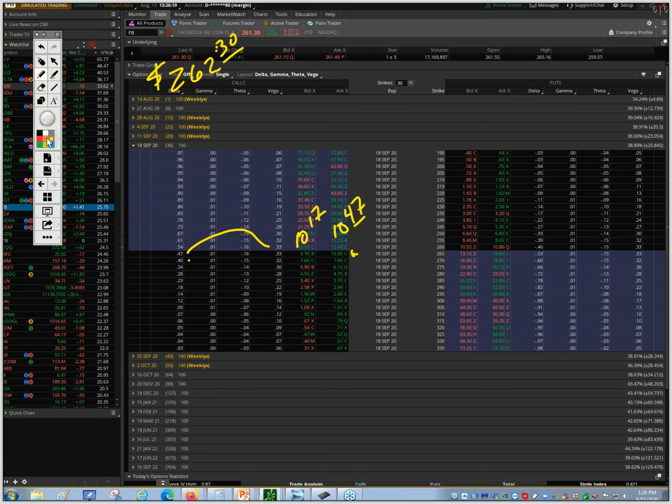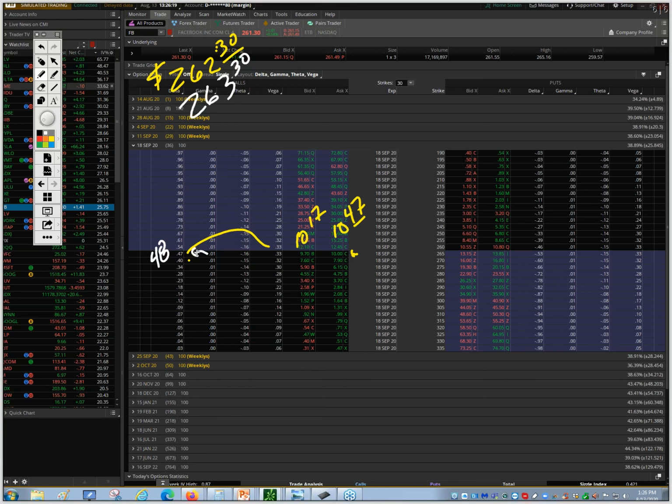Now we're talking about the second dollar move. Now we're at 263.30. So gamma, which is this column, goes into delta for that second dollar move. Now we're looking at 48 cents, one penny going into that 47 cents.